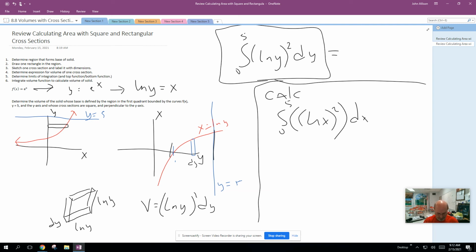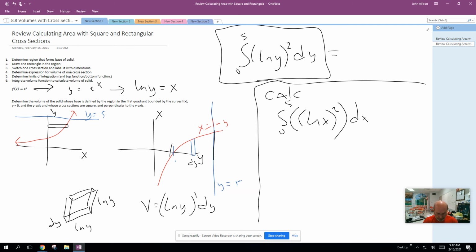So here we go again. This one's just straight up integrate from 0 to 5. Now we're going to open a set of parentheses because we're squaring what's inside. So I'm going to do ln x, close parentheses, squared, and close parentheses again. So now I have ln x squared, and then integrate with respect to x in the calculator.